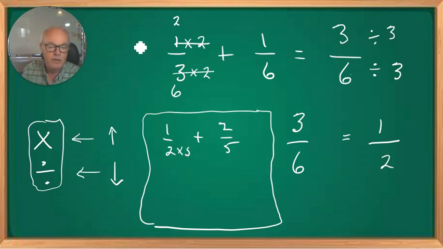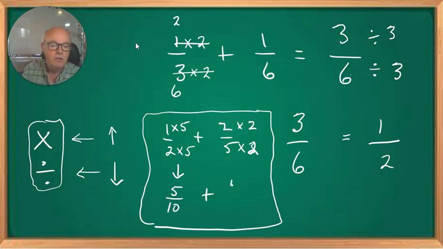Well, then we get a number that we are getting by multiplying the same numbers. So we have a 2 times 5 and a 5 times 2 over here. Multiply the tops by the same number. Remember, they're jealous. They want to be treated the same. So this fraction becomes 5/10 plus this fraction becomes 4/10.